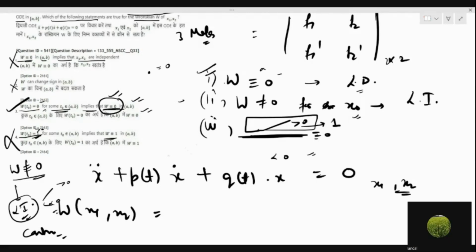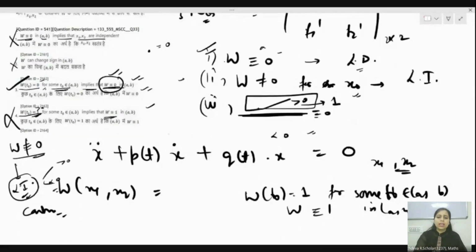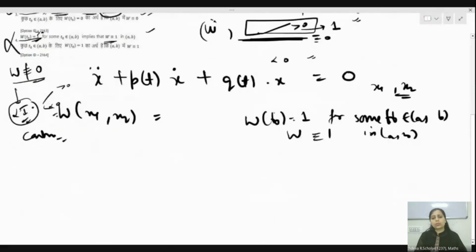Ma'am, please explain the fourth option also once. Okay. The fourth option is saying if the Wronskian is 1 for some t naught belonging to AB, then you can say the Wronskian is 1 all over AB. See, let's take an example to cancel out this option.